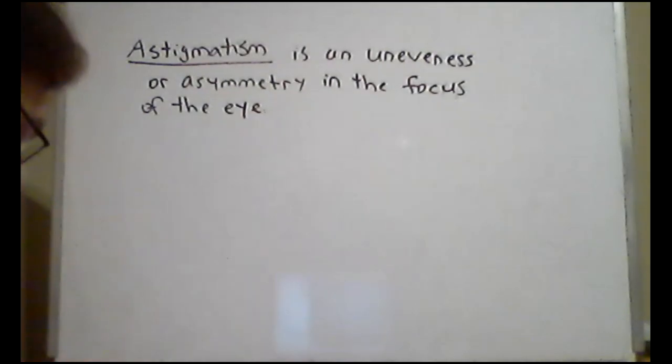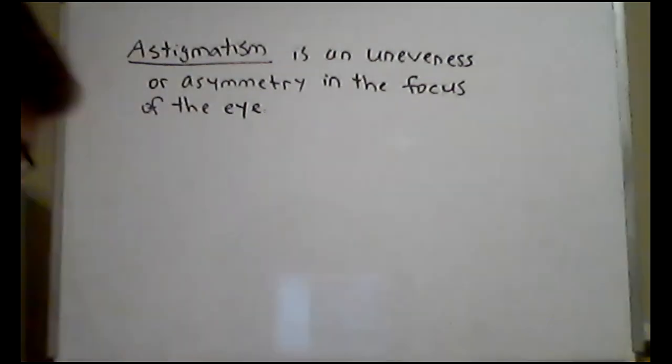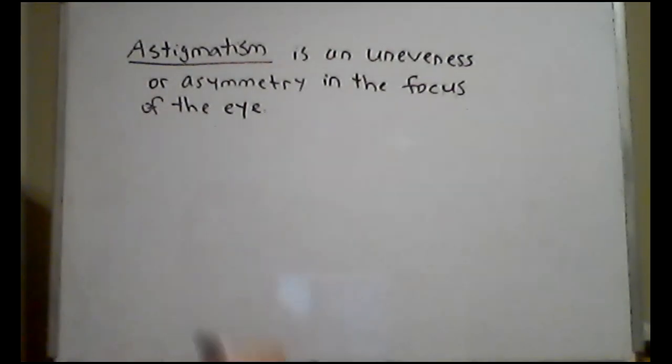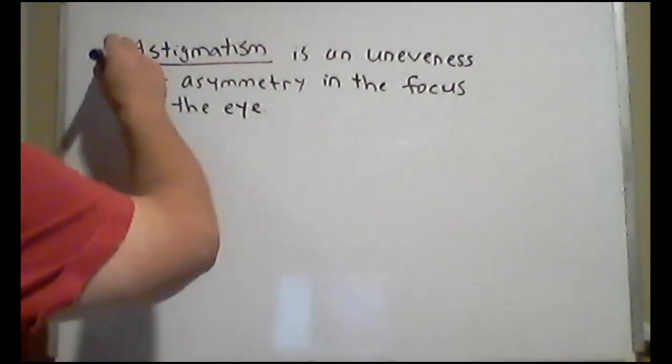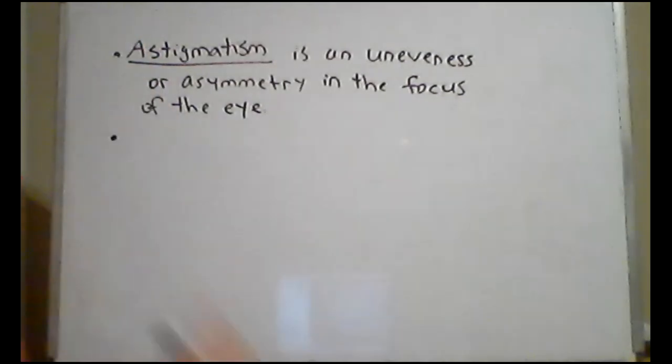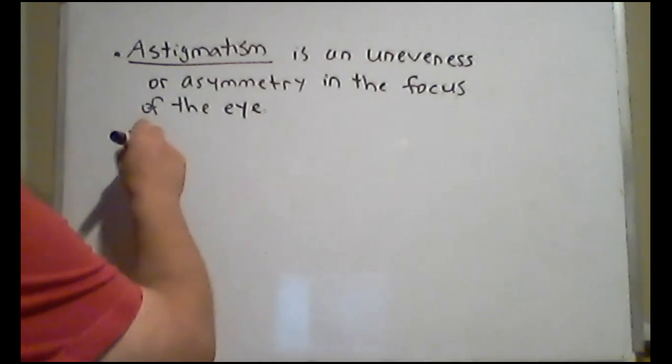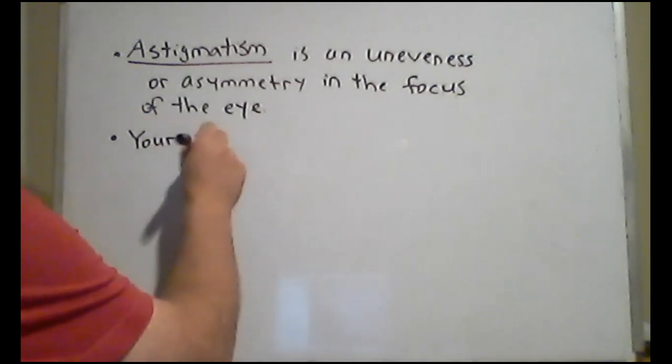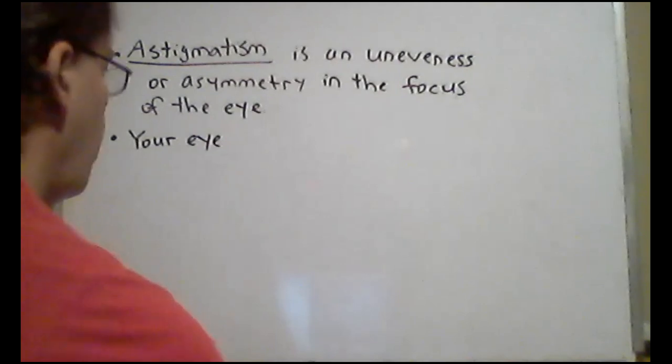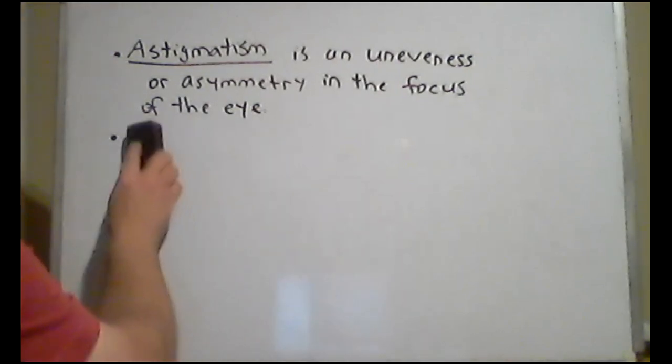Okay. So essentially, you don't have a spherical eye. A perfectly spherical eye is described by one radius, right?